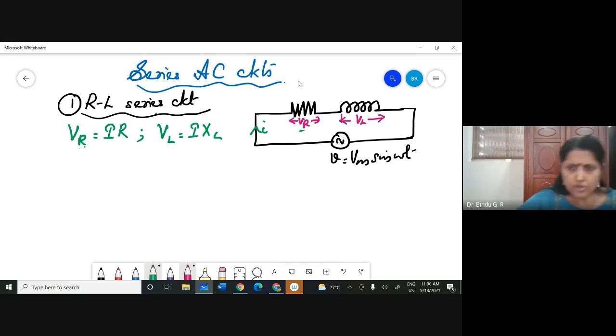And if I draw the phasor diagram, here there is one major difference that you should know. When I draw the phasor diagram in the series circuit, all of you should listen to whatever I'm telling you now. I take I as the reference, because current I is common to both resistance and inductance.